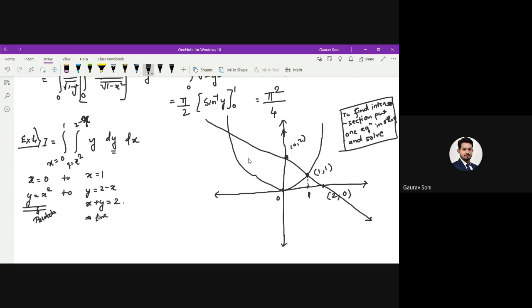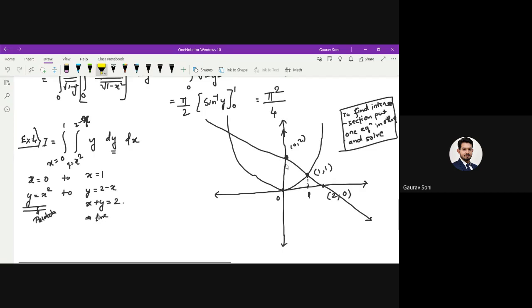Sum up everything: x is going from 0 to 1, and the limits of y are from the parabola to the line. So which region can this be? The triangle in the middle.